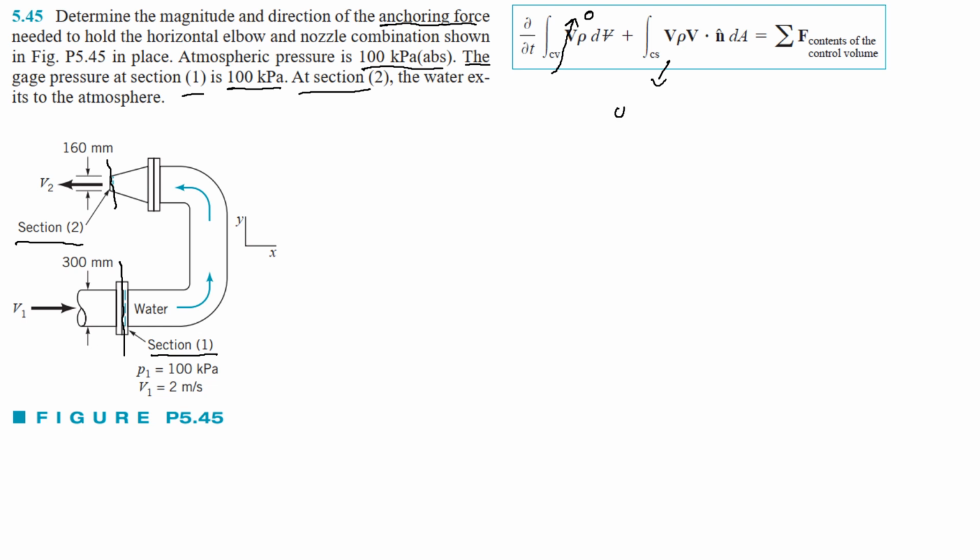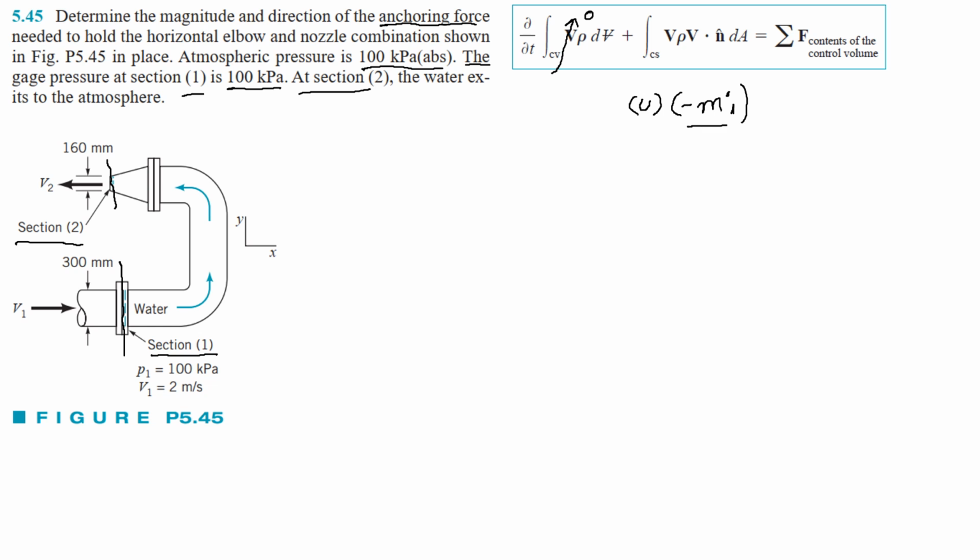So this term will come out to be, let's write it like this, u inside the bracket and minus m dot 1, because at section 1 the fluid is entering the control volume.